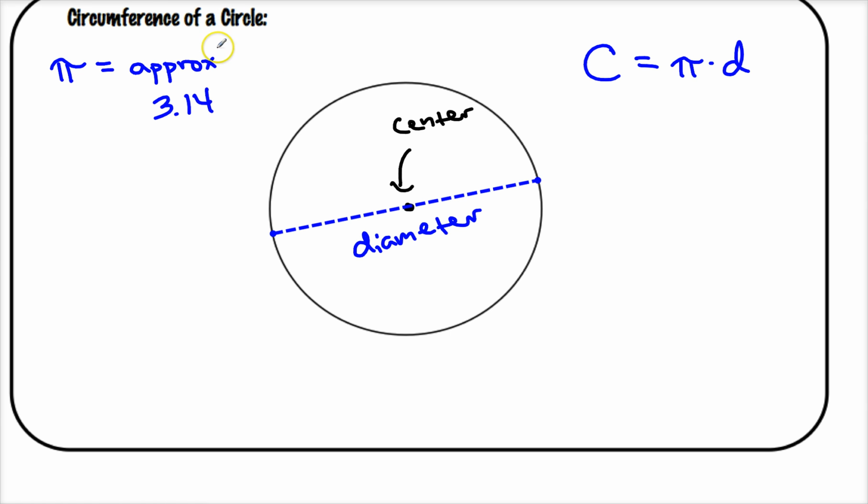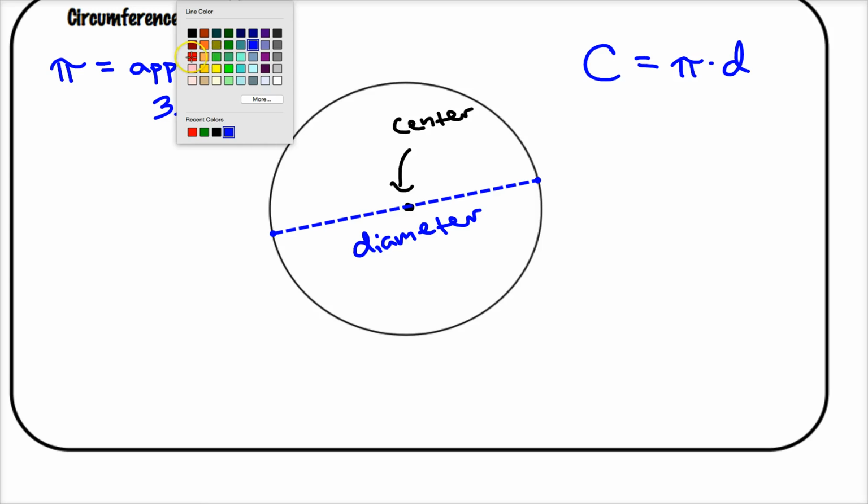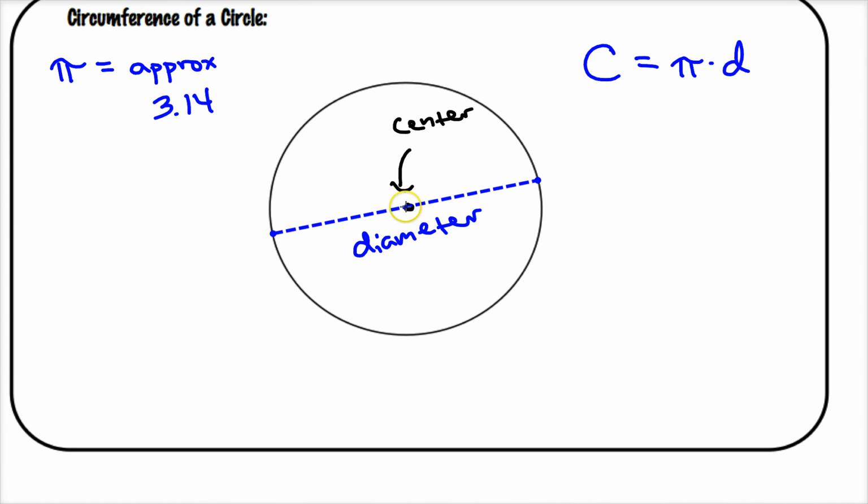Now, a circle also has what we call a radius, and the radius is just half of the diameter. So the radius of a circle would be the distance from the center to another point on the circle. Okay, so this red line right here could be the radius. If I just took half of my diameter, that would also be the same distance. And again, that's what we call the radius.